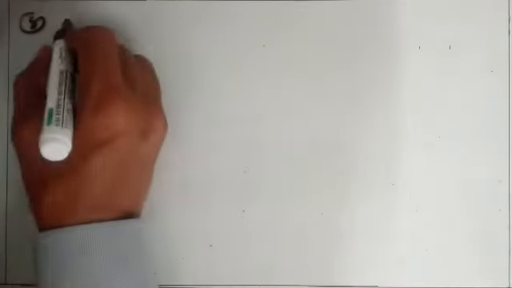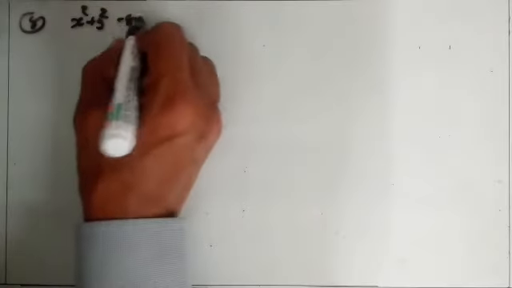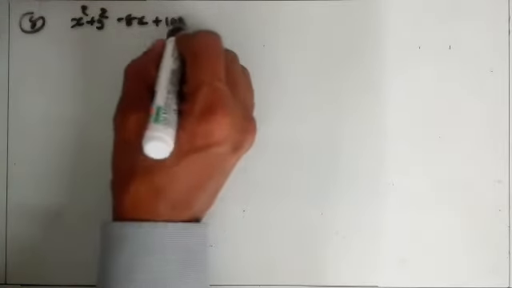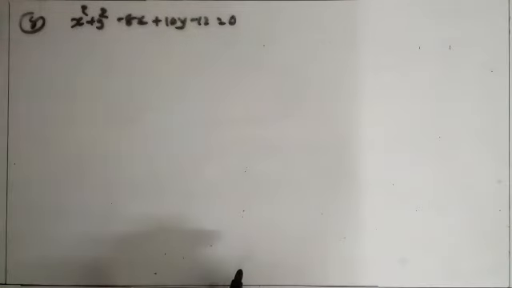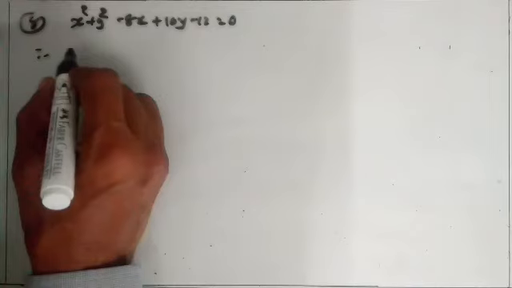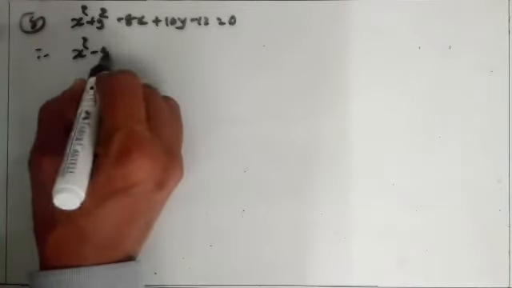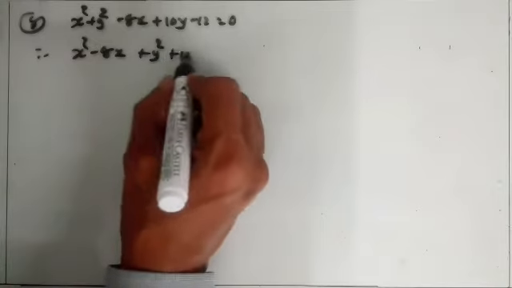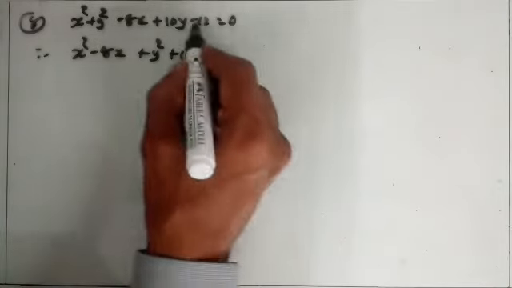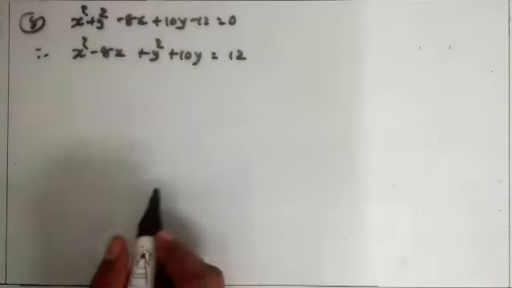Now question number 8. x^2 + y^2 - 8x + 10y - 12 = 0. First arrange the terms. We get x^2 - 8x + y^2 + 10y = 12. Take this side, so plus 12.